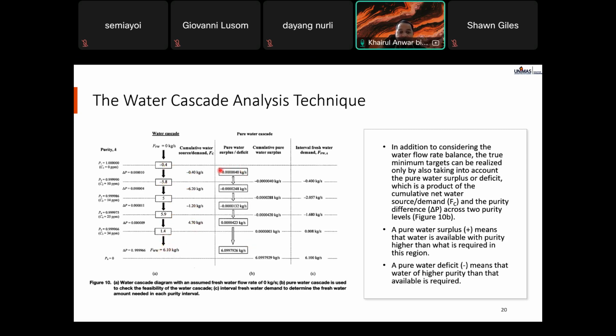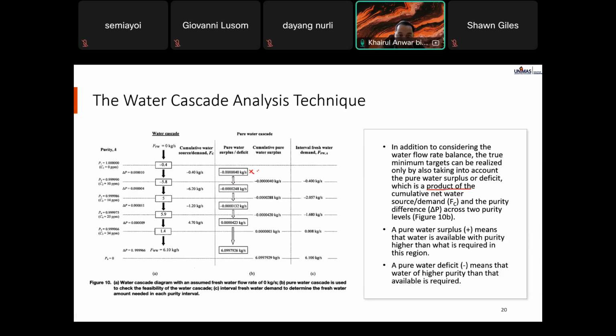Good. Now you want to subtract the deficit, which is the product. Product means multiplication.